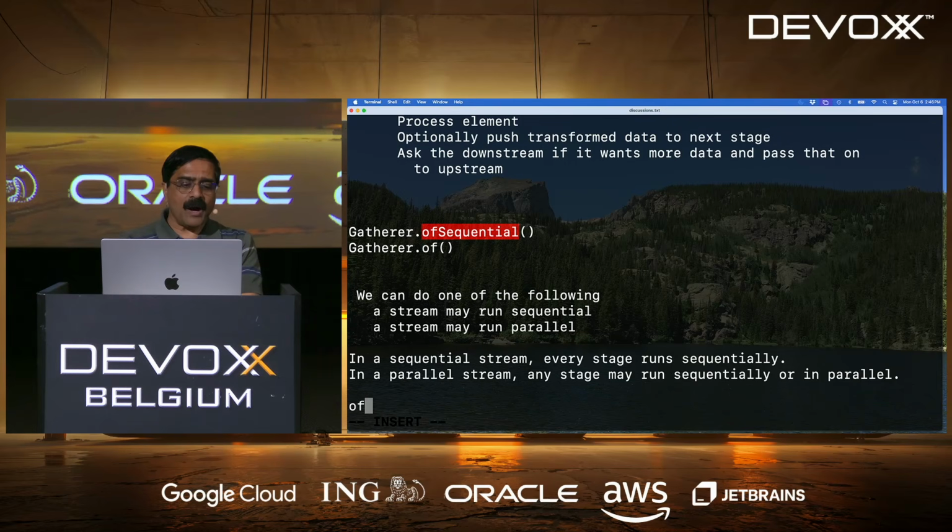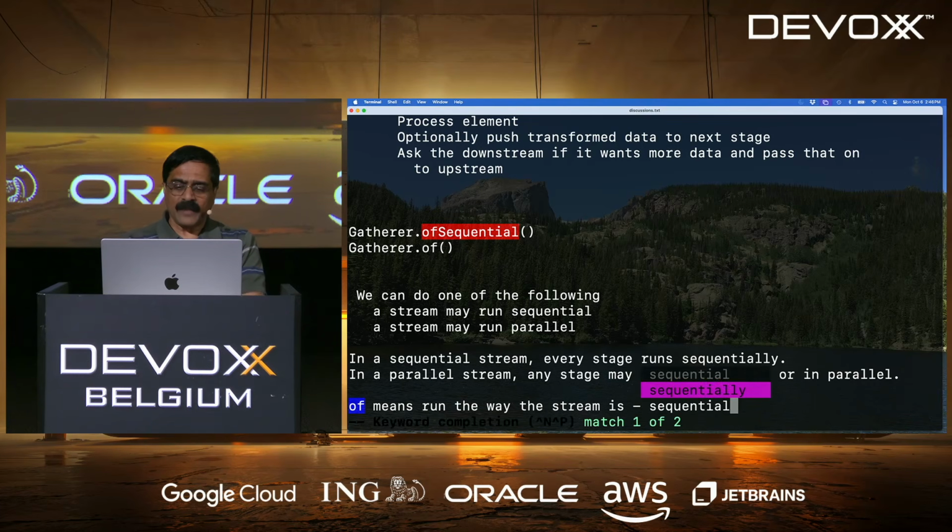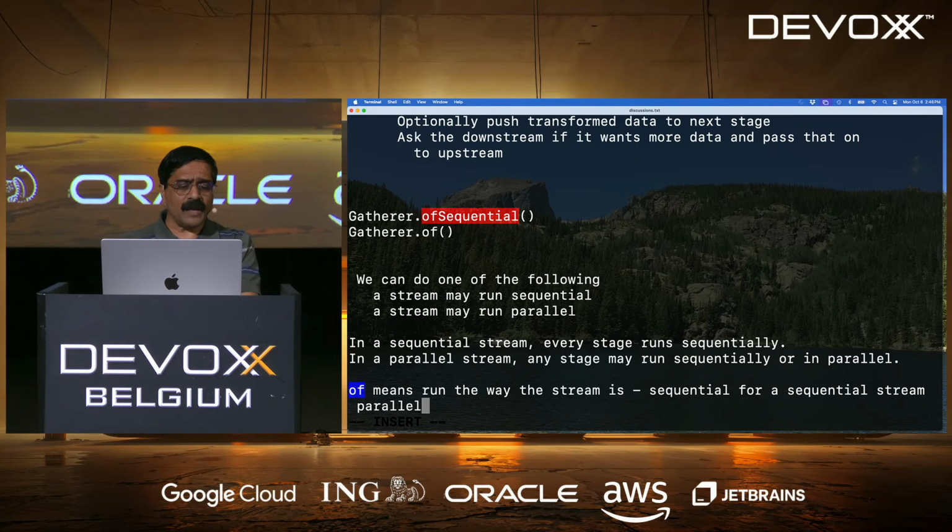So off means run the way the stream is. Sequential for a sequential stream, if you will, and parallel for a parallel stream. So it's that simple.